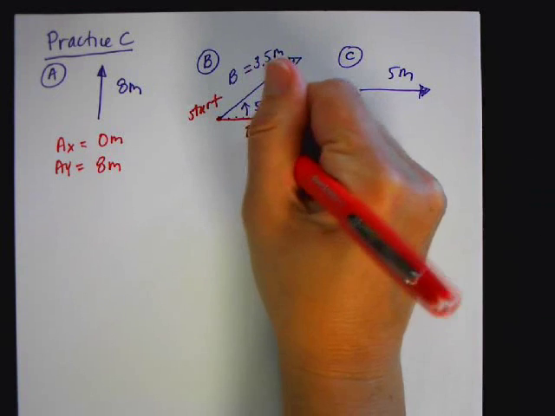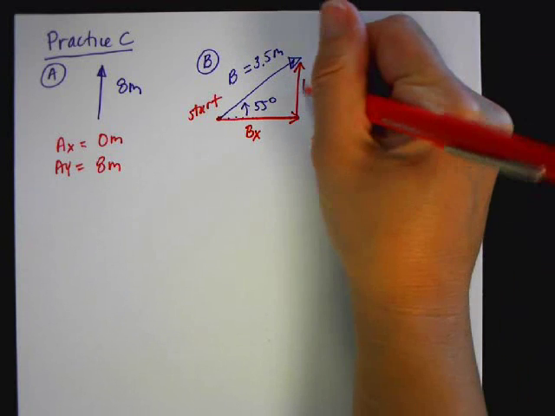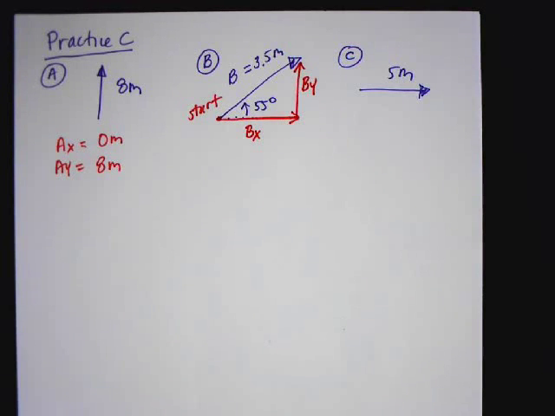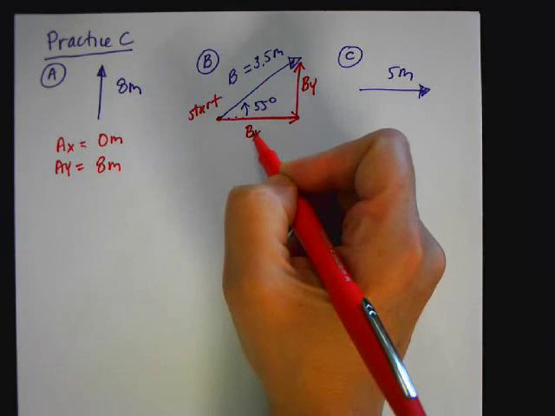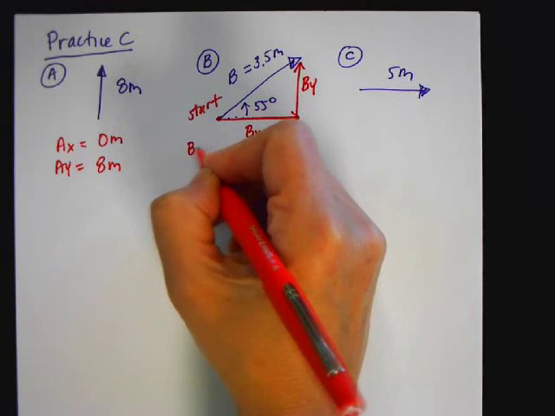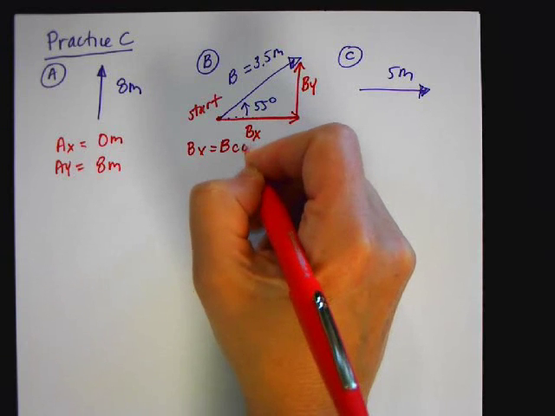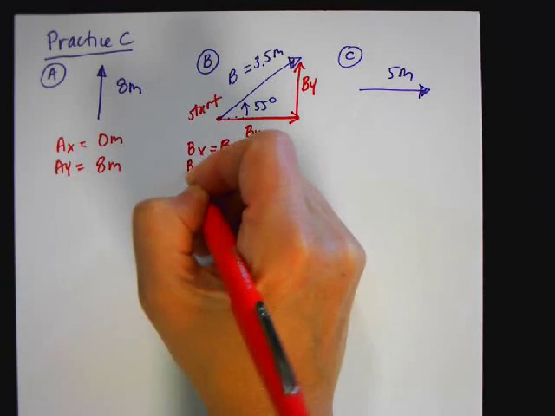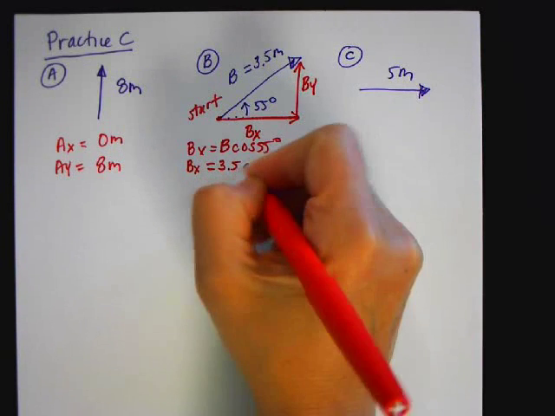Now to find BX and BY, I have to use what I know. So do I use sine, cosine, or tangent? Let's start with BX. BX is adjacent to the given angle, so BX is going to be B times cosine of 55 degrees. When I put that in my calculator, it's 3.5 times the cosine of 55, which comes out to about 2.